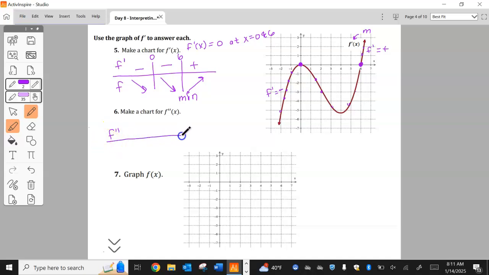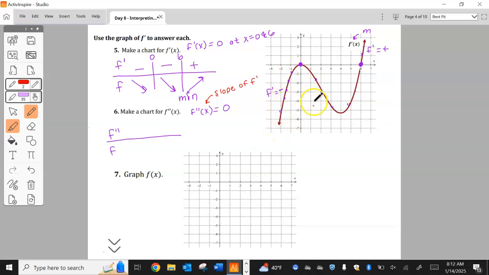Now we're going to do the second derivative. That'll tell us about the concavity of the graph. So to get our possible points of inflection, that is where f double prime of x is equal to 0. And f double prime of x is the slope of f prime of x, because it would be the derivative of the derivative.